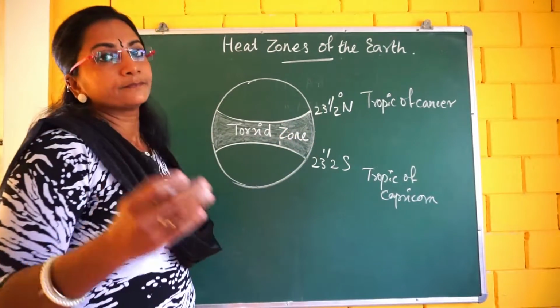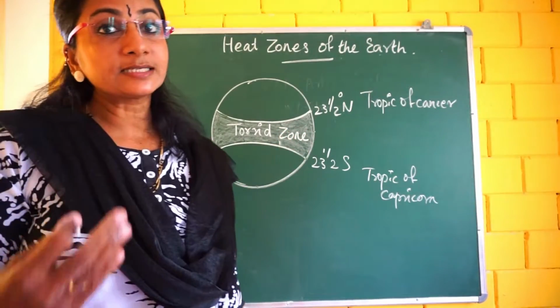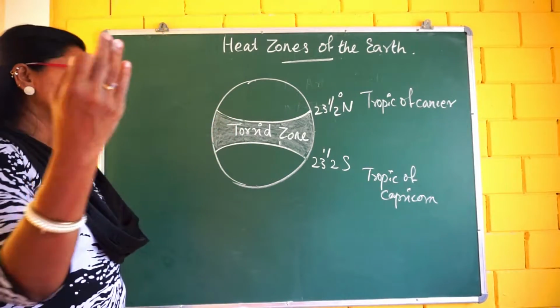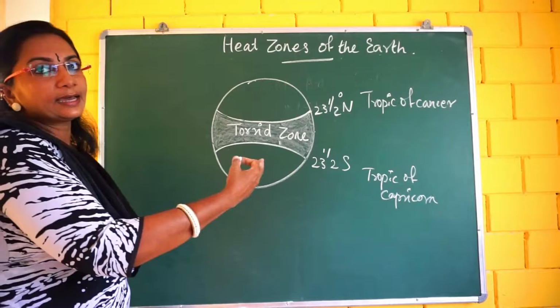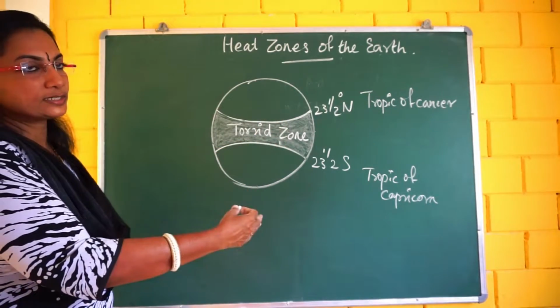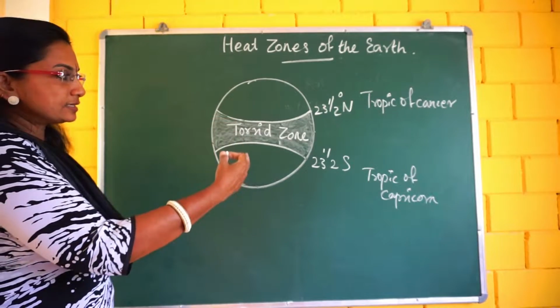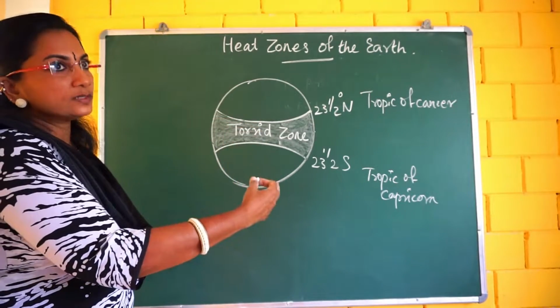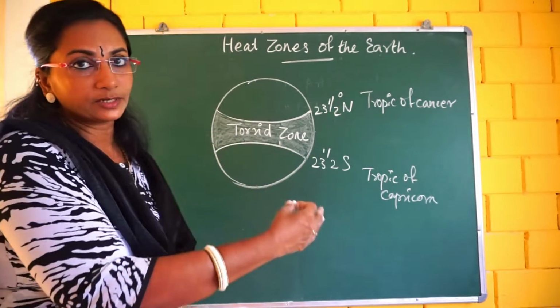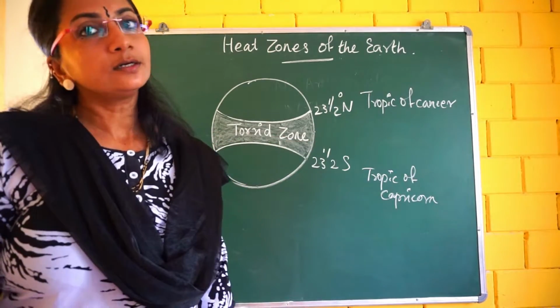Because that area receives maximum heat throughout the year as the sun rays are direct to that area. It is the hottest zone in the world, so we call it the torrid zone.